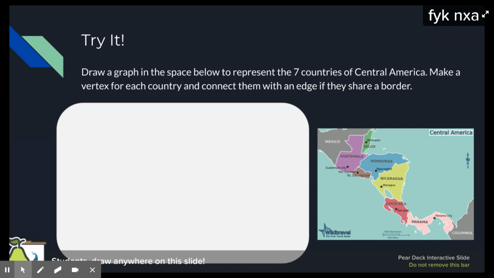Gonzalo, the green one is Belize. Nice. Nice, Dominic.